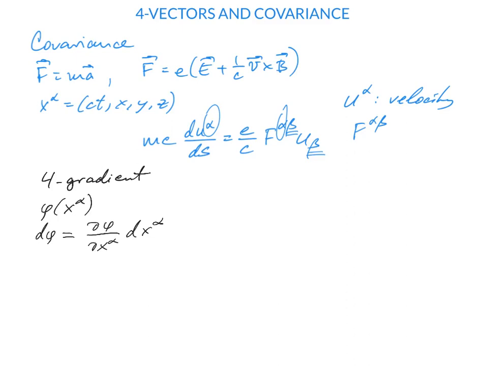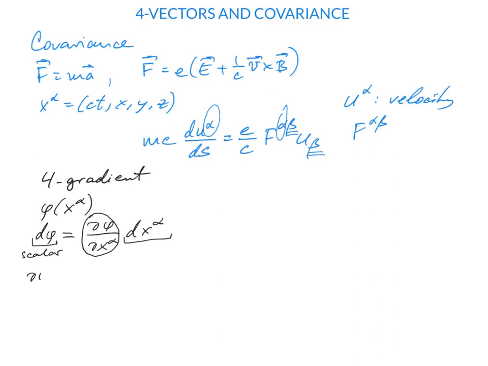Now, dx alpha is a 4 vector, a contravariant 4 vector. d phi is a scalar. So in order to make a scalar out of a contraction of a contravariant vector with something else, this something else must be a covariant vector.